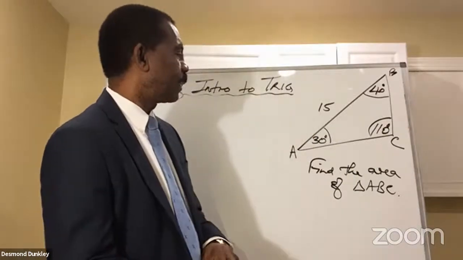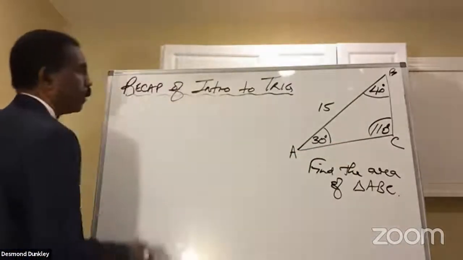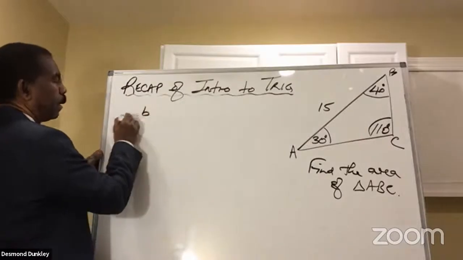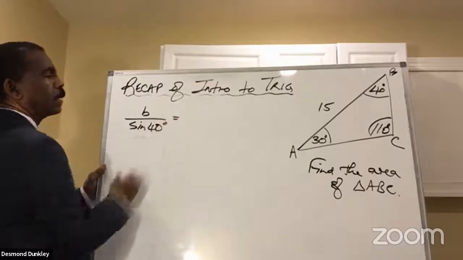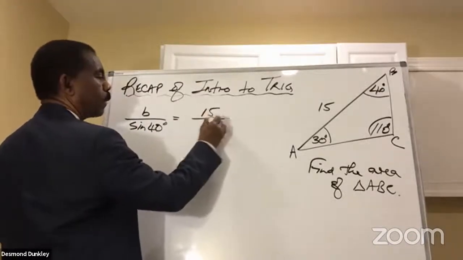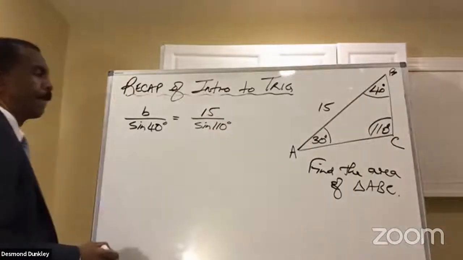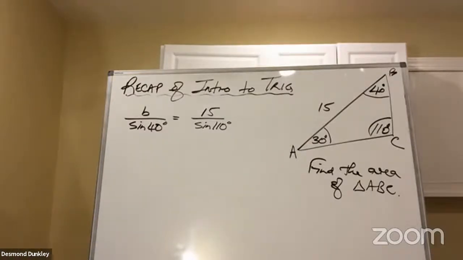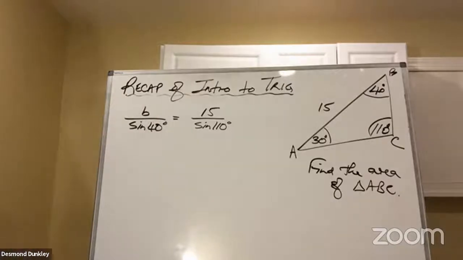So let's find side B. B over sine 40 is equal to 15 over sine 110.